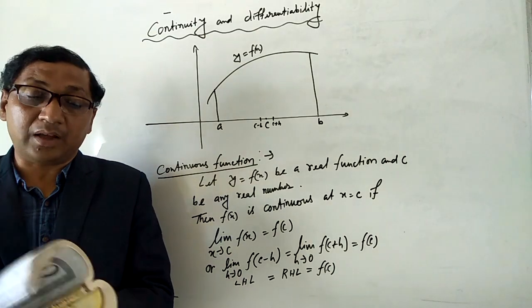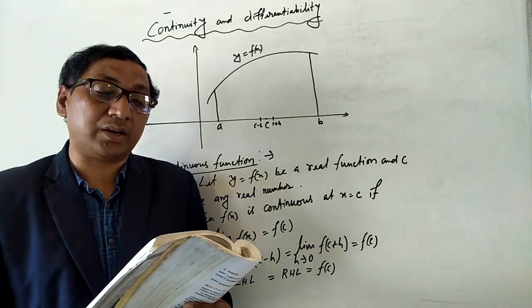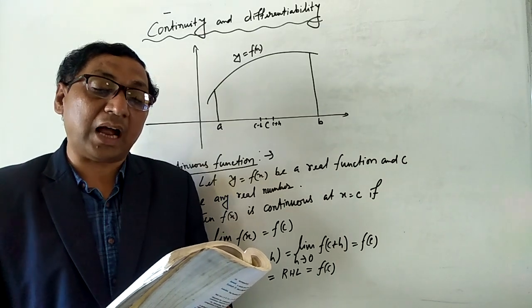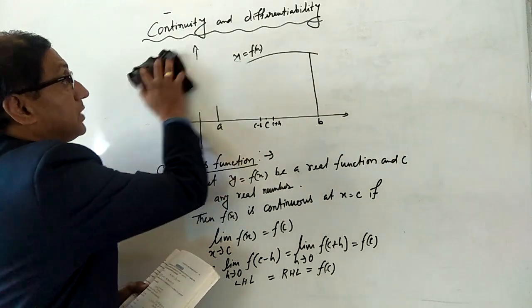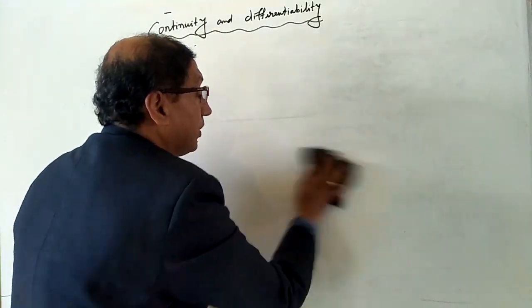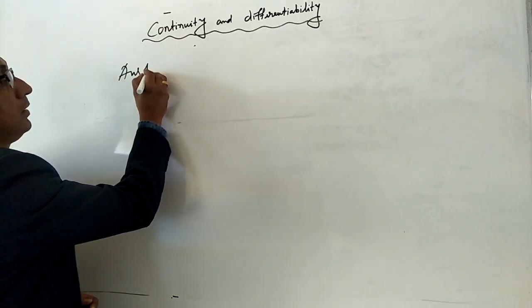Prove that the function f(x) equals 5x minus 3 is continuous at x equals 0, at x equals minus 3 and at x equals 5. This is our first question. So I'll take up this question. Answer 1.